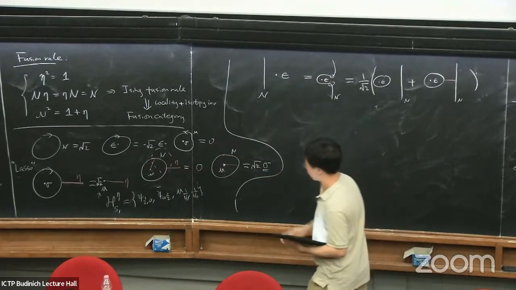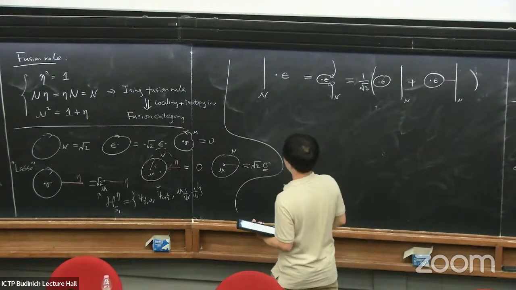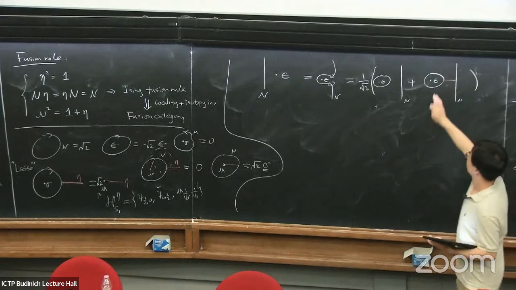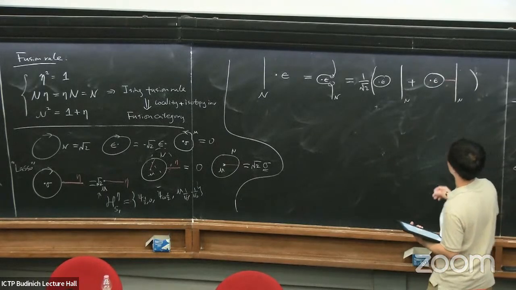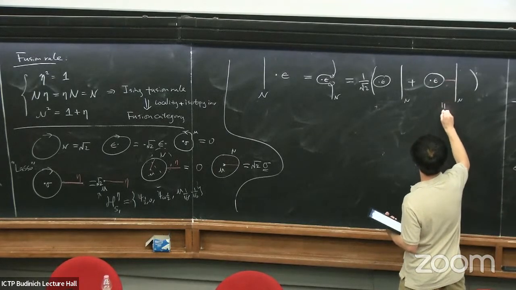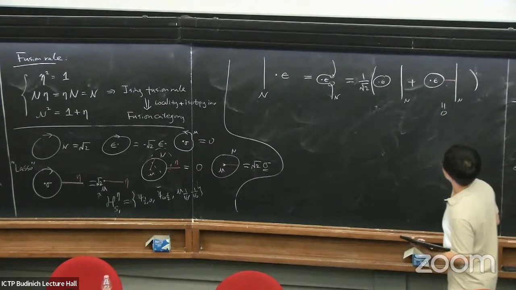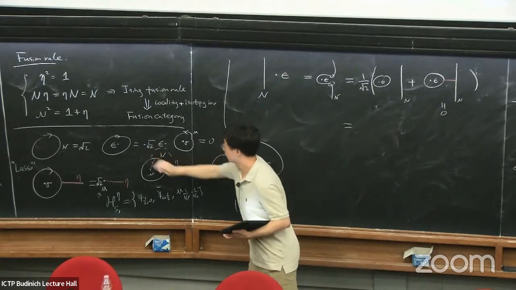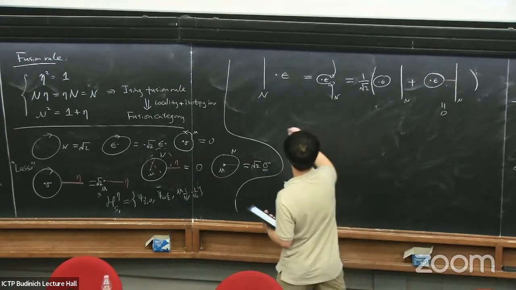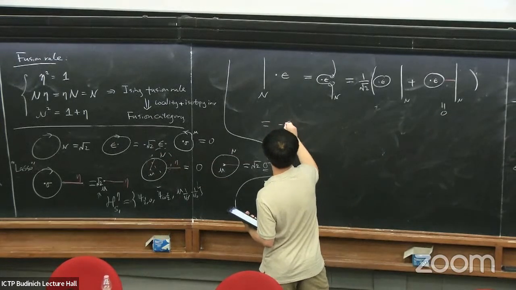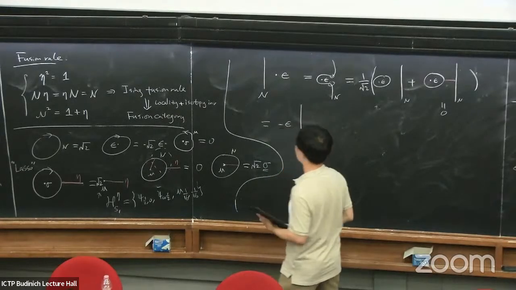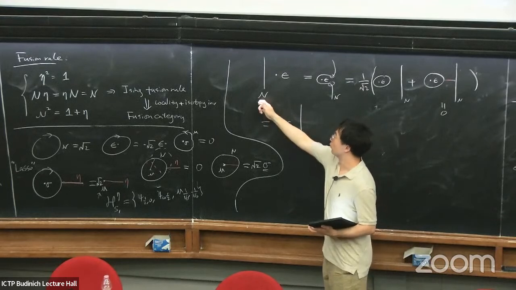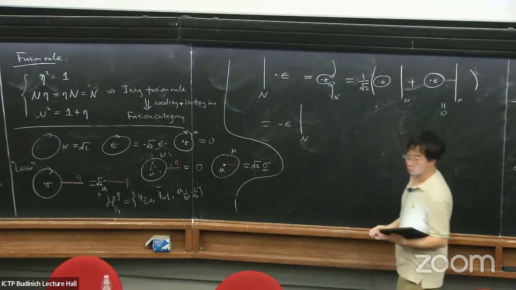There's one diagram I didn't draw, which is the case when you have this line attached to the epsilon. I'll leave it as an exercise to convince yourself that this is 0, from a similar argument. Combining with this fact, this is equivalent to flipping the sign of epsilon. So the cost to move the duality defect across the epsilon operator, the energy operator, is to flip its sign.